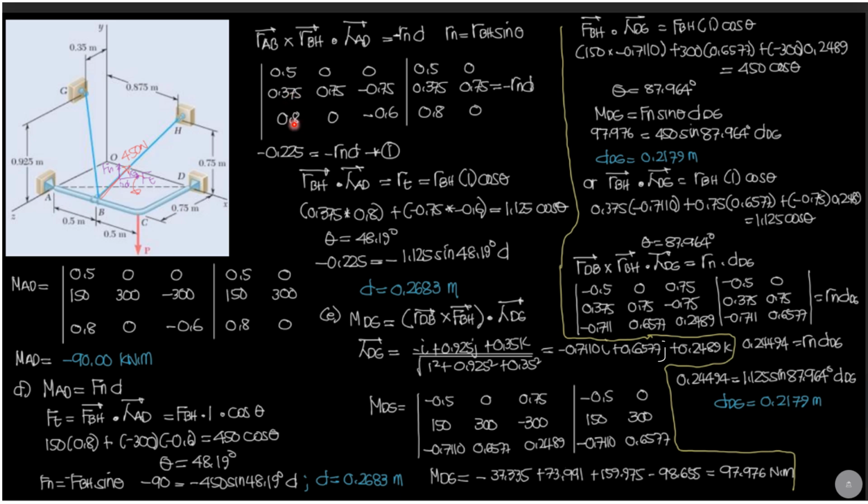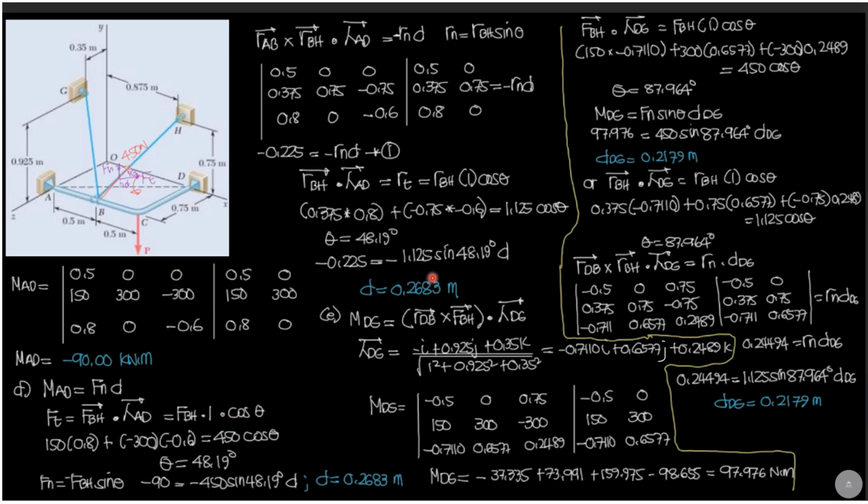So 0.375 times 0.8 plus negative 0.75 times negative 0.6 equals, remember that the magnitude of RBH is 1.125, square root of 0.375 squared plus 0.75 squared plus 0.75 squared. So 1.125 cosine of theta. Solving for theta, theta is the same as this, 48.90 degrees.